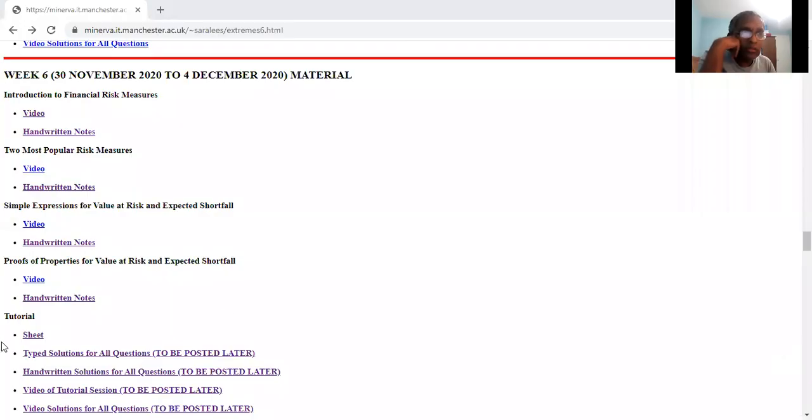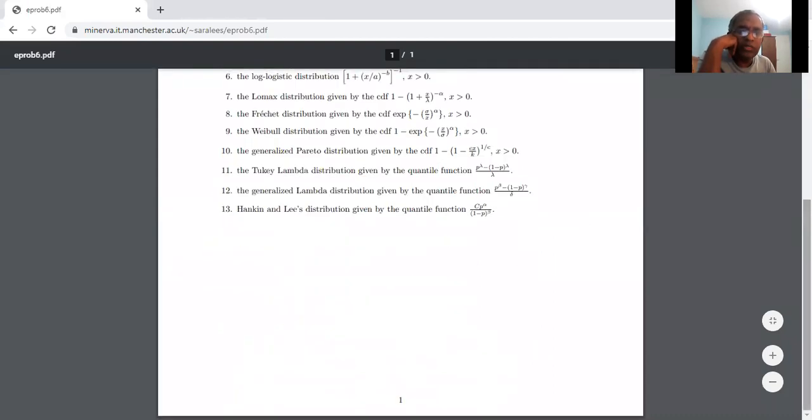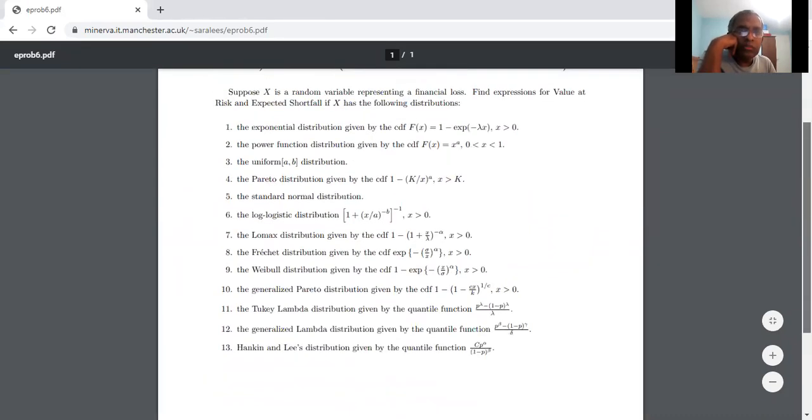This is the problem sheet you will need to go through Thursday. So please try to have a look at some of these questions before Thursday.